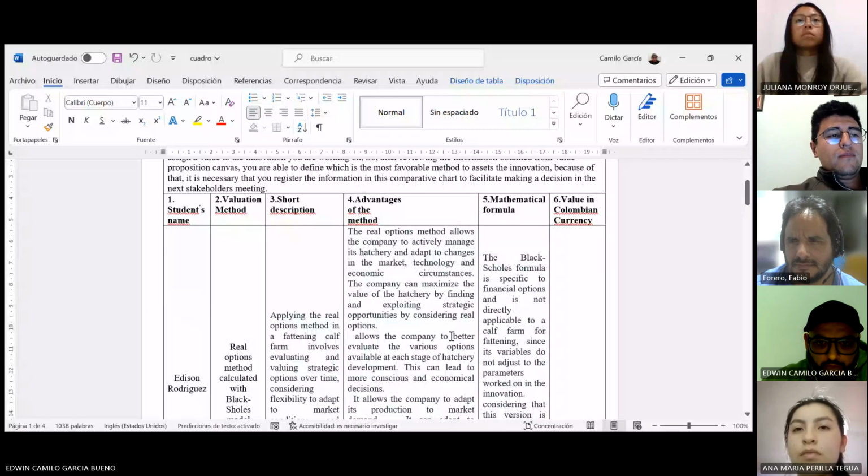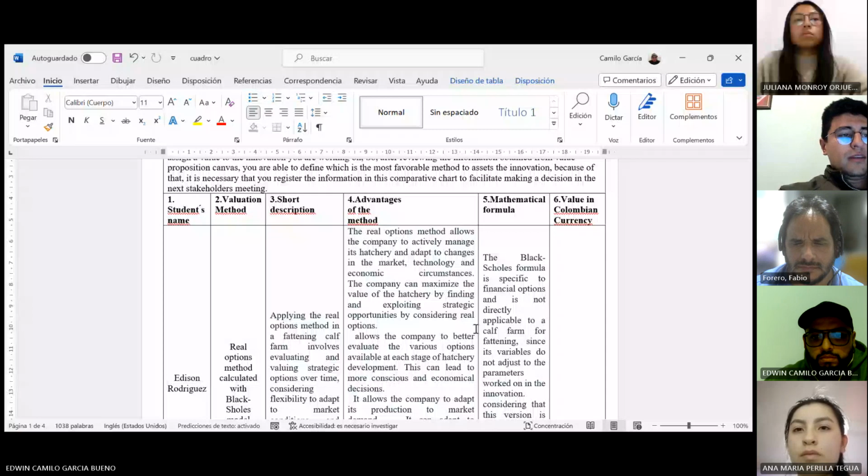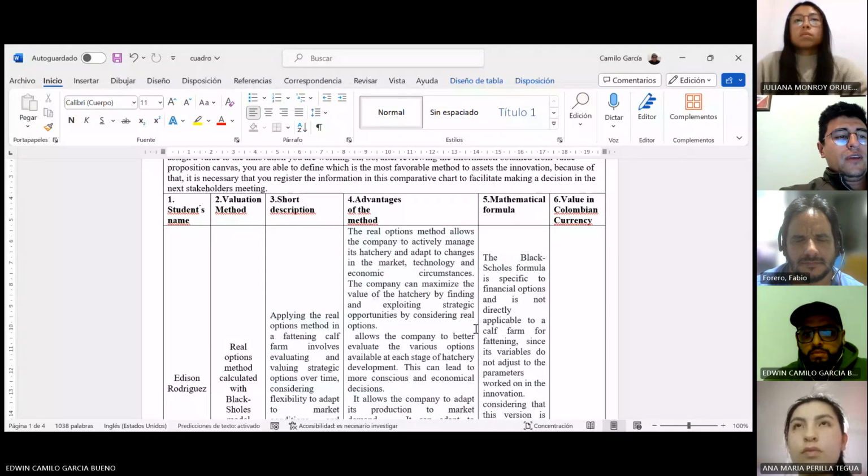Advantage of the method: the real option method allows the company to actively manage its hatchery and adapt to changes in the market, technology and economic circumstances. The company can maximize the value of the hatchery by exploring strategy opportunities.